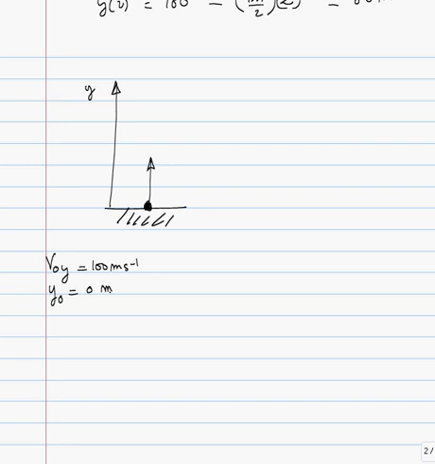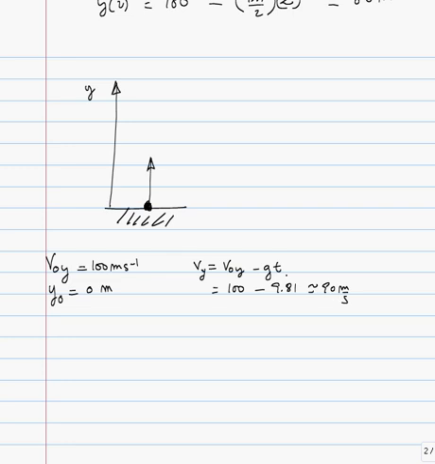Let's see what's going to happen. A second later, what do you expect the velocity to be? You know that the velocity will be the initial velocity minus gt. Therefore, a second later should be the initial velocity minus 9.81, roughly 90 meters per second.